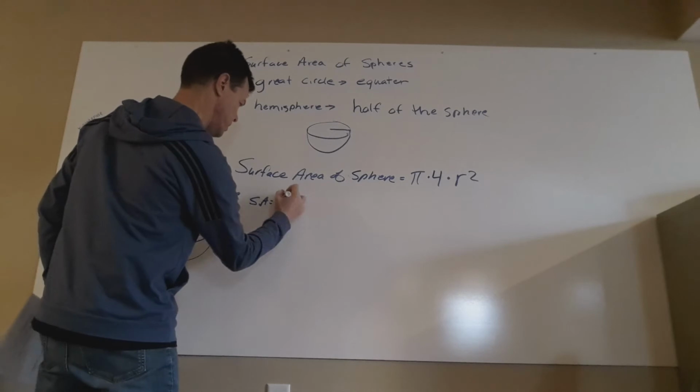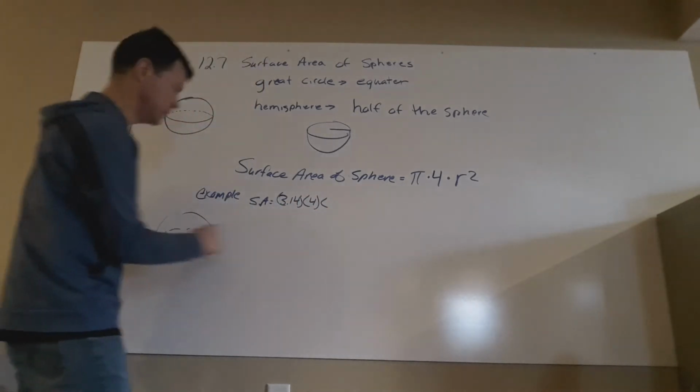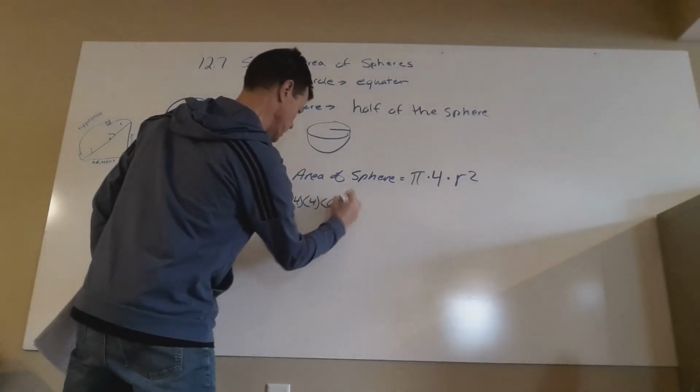3.14 times 4, 4 is just a constant, times the radius, which is 6, so 6 squared.